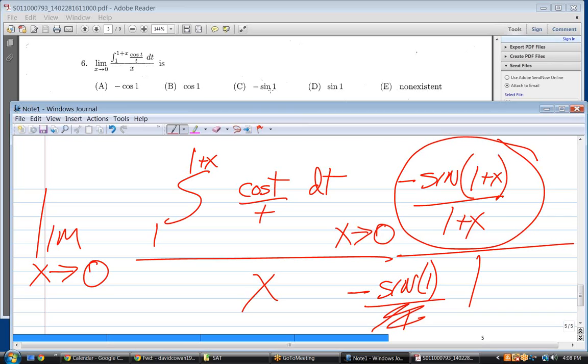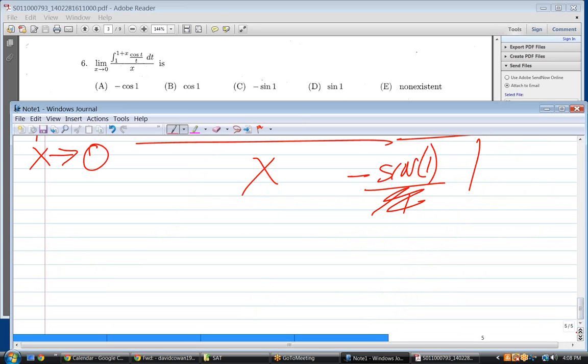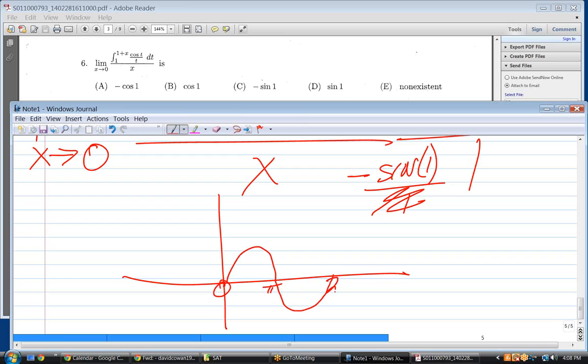Because if I look at my sine curve... Oh, I was thinking like pi. Never mind. I'm sorry. Sine of 0 equals 0, sine of pi equals 0, sine of 2 pi equals 0. But sine of 1 would be somewhere in there, so it would be equal to minus that.